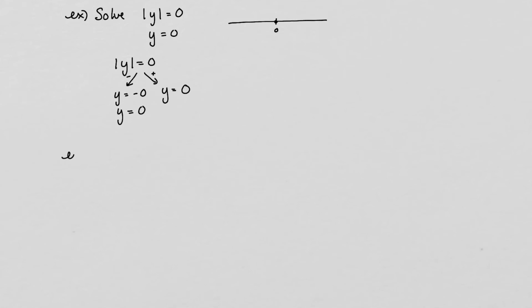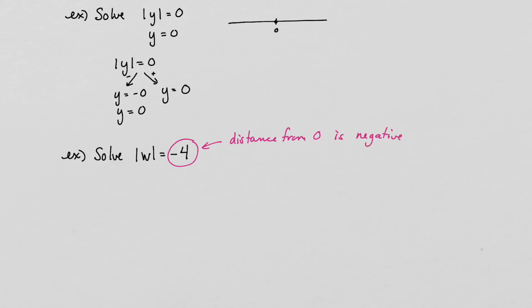The other kind of weird case is if you have, say, solve the absolute value of w equals -4. So what this -4 here is saying is that the distance from 0 is negative. And that's kind of a little weird, right? Doesn't really make sense, right?